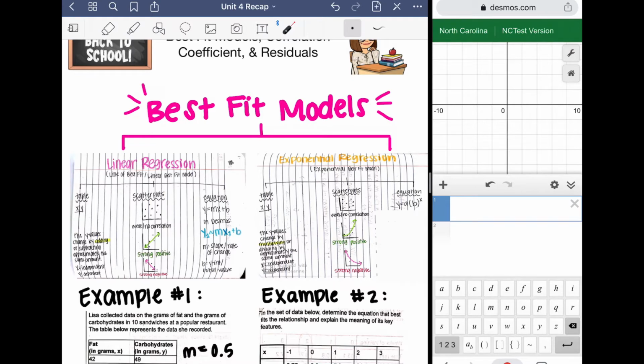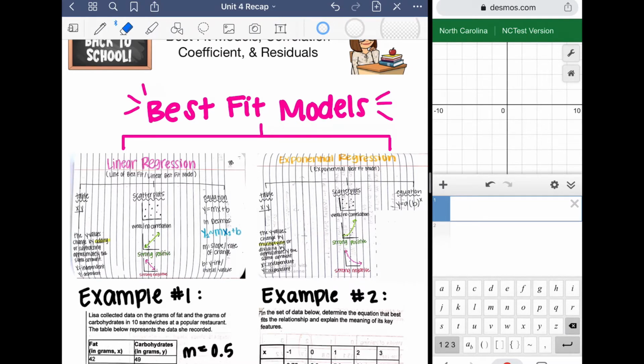We've also talked about if your points seem to be moving upward, but they're not in a straight line, they're more forming a J shape. We would say that is a strong positive relationship that is exponential. And on the opposite side, we would have points that are moving downward but in an L shape instead of in a straight line. We would say that's a strong negative exponential relationship.